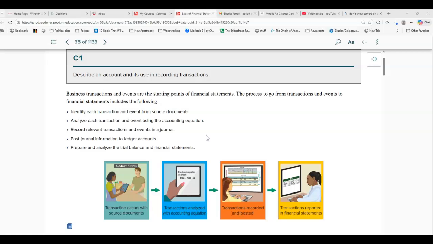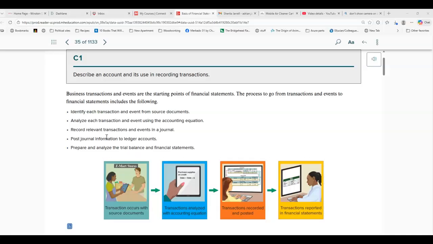And then we record the transactions in a journal. Pay attention here. The first thing we do is we record the transactions in a journal. We have to do that first, and that solidifies our understanding of what we've experienced, what the transaction was. And then we take that information in the journal and post it in a general ledger.